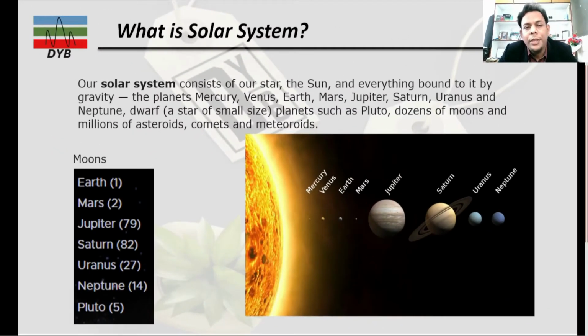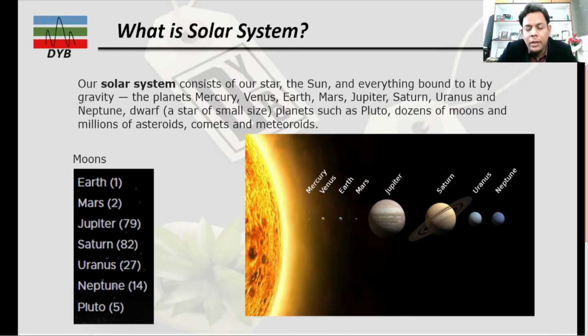So let's look at what the solar system is about. Our solar system consists of our star, which is shown here in this graphical view, and which is the Sun, and everything is bound to it by gravity.